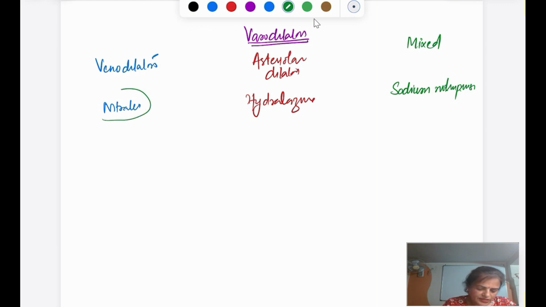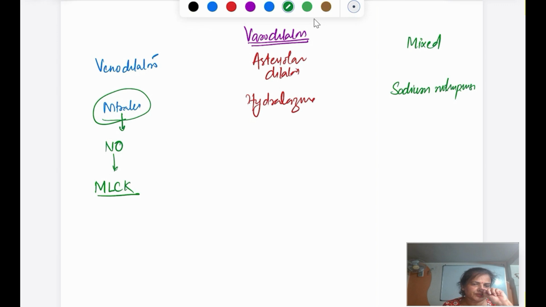Now nitrate, how are they going to act? They are going to act by causing the release of NO. Acting on aldehyde dehydrogenase, they are going to cause the release of NO, which is going to activate the guanylyl cyclase. So ultimately cyclic GMP is going to cause the dephosphorylation of myosin light chain kinase.